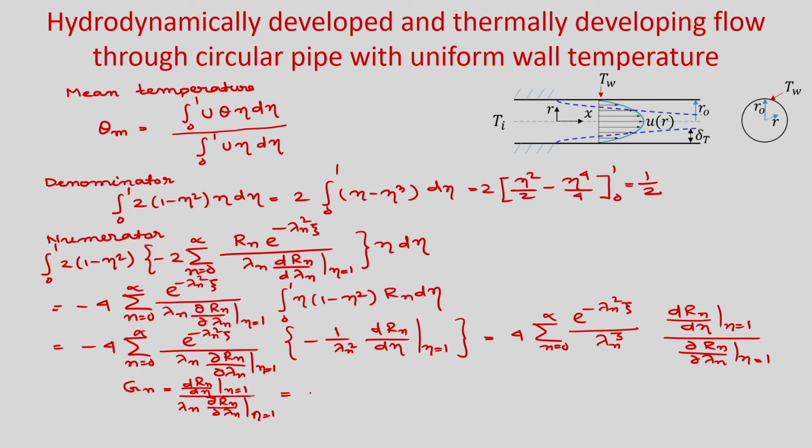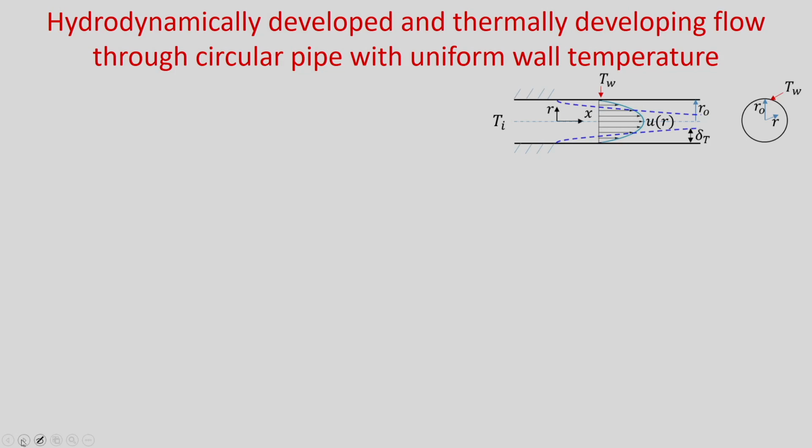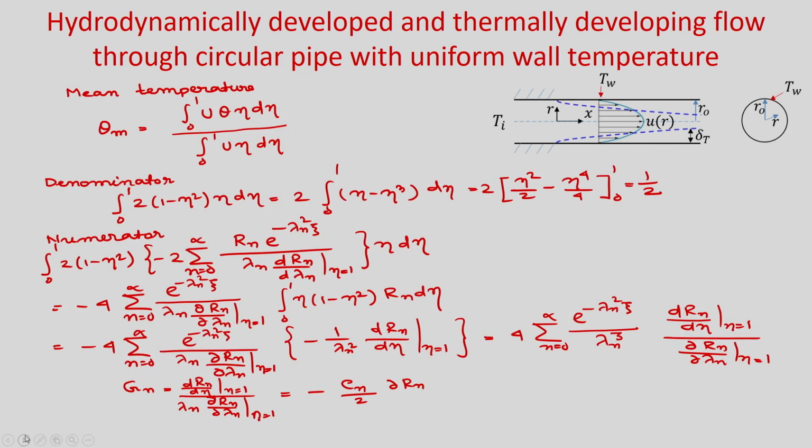So, that means it is nothing but minus C n by 2, okay. So, you can see the C n, this is the C n value. Okay. So, you can see that del r n by del lambda n, you can write, okay, C n we have found 2 divided by lambda n del r n by del lambda n at eta is equal to 1. Okay.